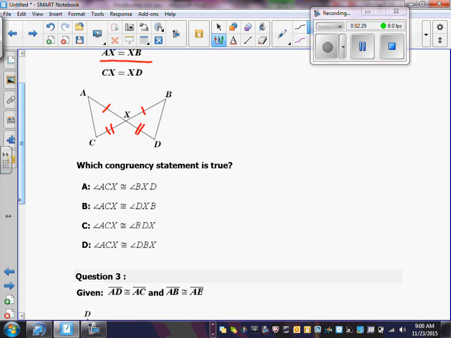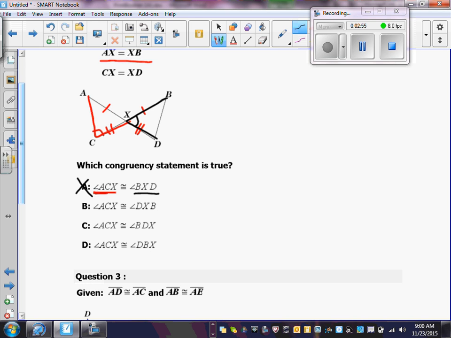For A, it says angle ACX is congruent to BXD. This angle and this angle are congruent is what A is saying, and you can see that they are not. So you're going to cross that out.